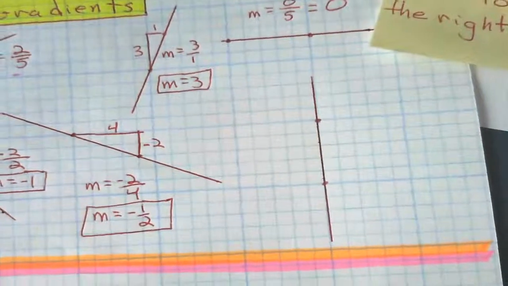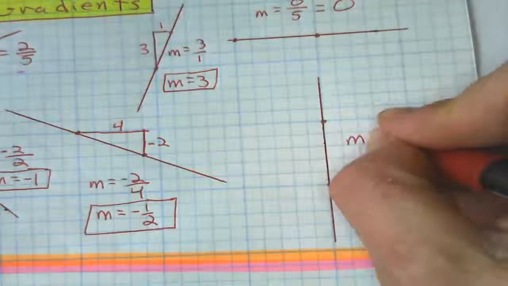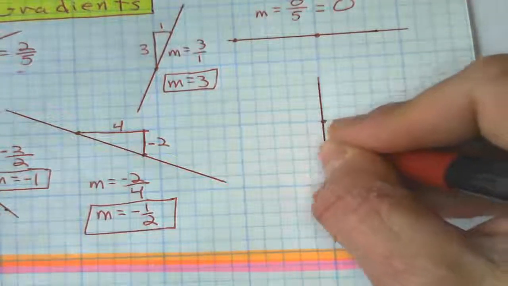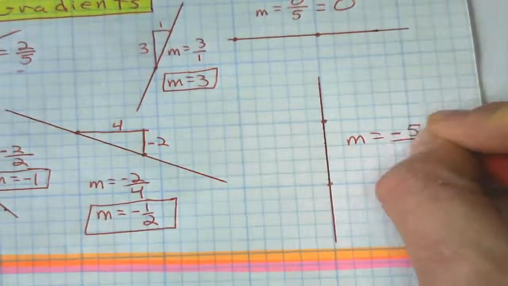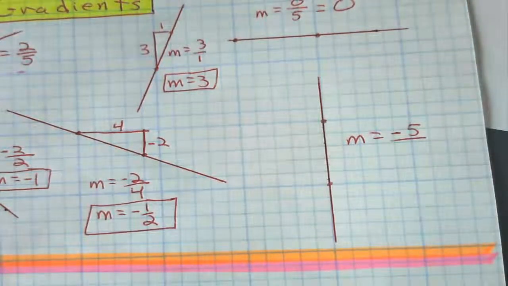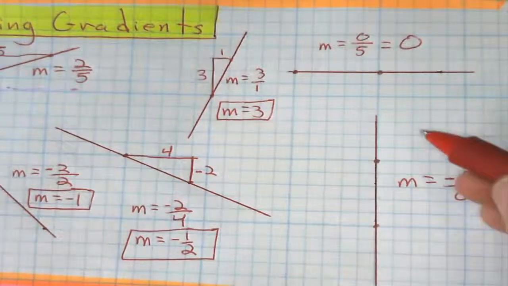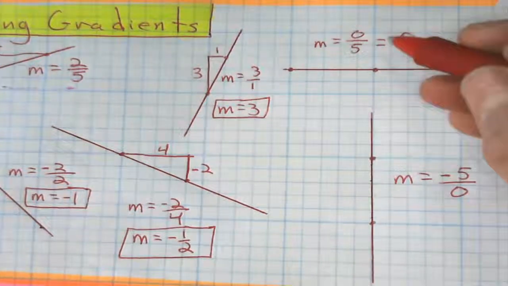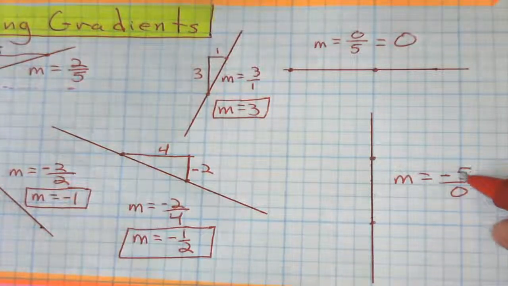Finally, vertical line. Okay, vertical line. Well, my rise is 1, 2, 3, 4, 5. I'm going down 5. But what's my run? Nothing. 0. And here's what's quite different from this guy: I can divide 0 by a non-zero number, but I cannot divide a non-zero number by 0.